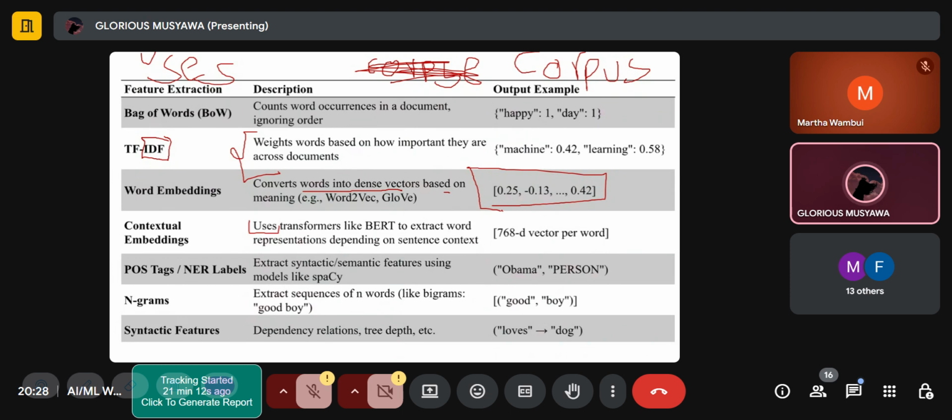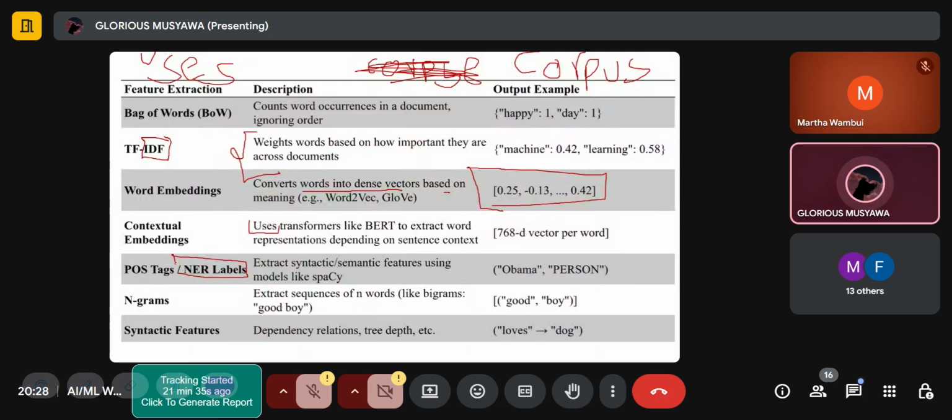Then we have parts of speech and named entity recognition. Part of speech extracts syntactic information, and for named entity recognition, we talked about something that identifies something or somebody, and so on. They are important parts of a text.